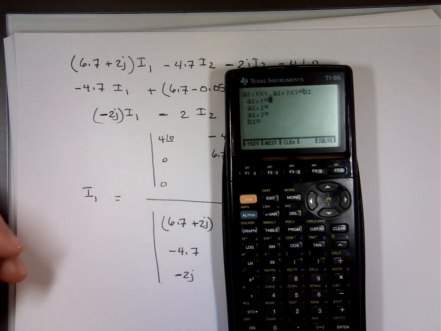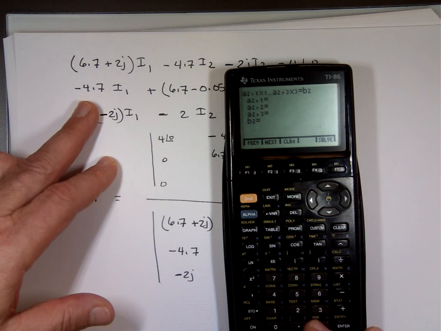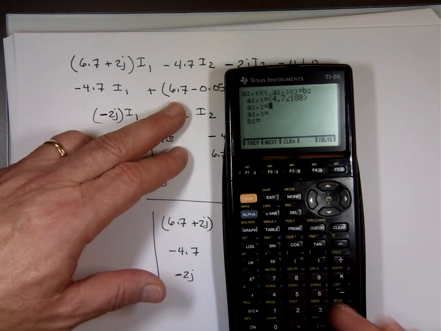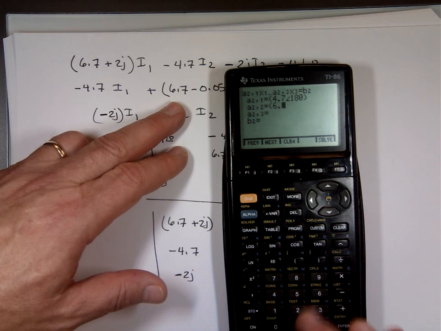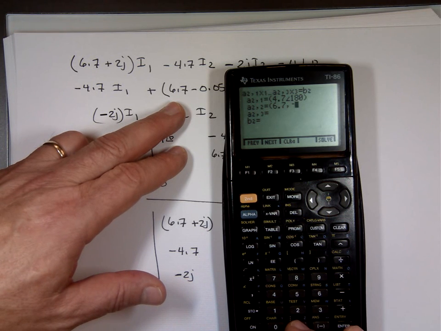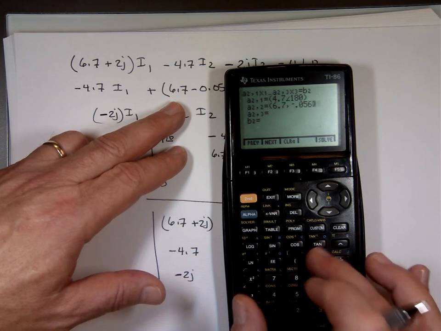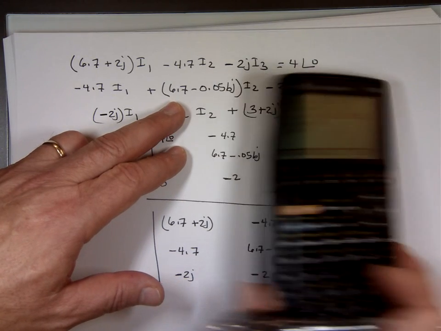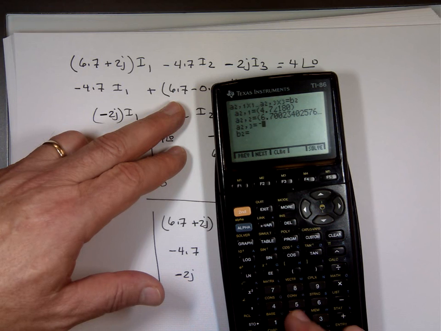The next one, negative 4.7. 6.7 parentheses 6.7 comma negative 0.056 comma negative 2 comma the 0. Notice the negative 2.